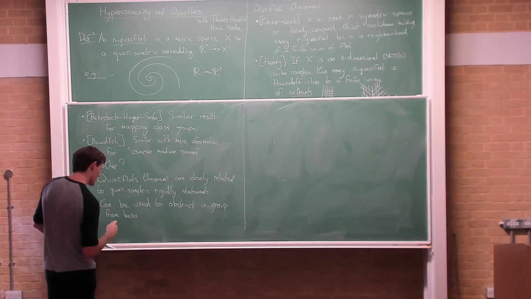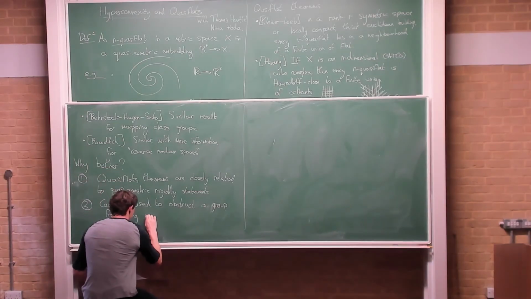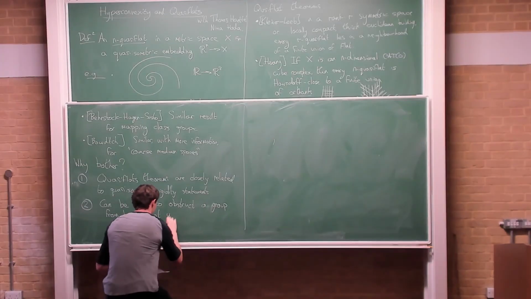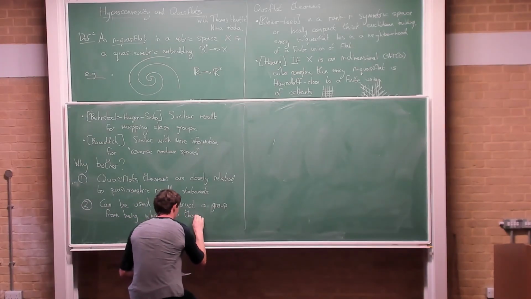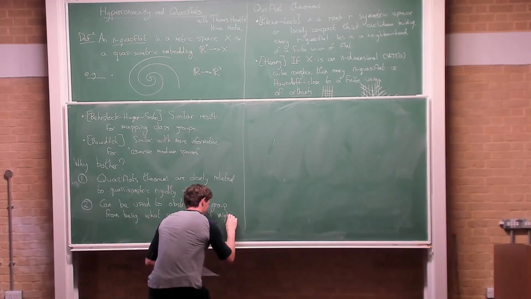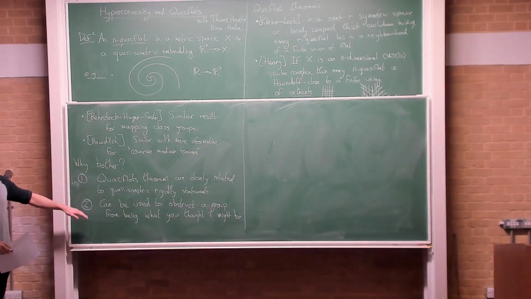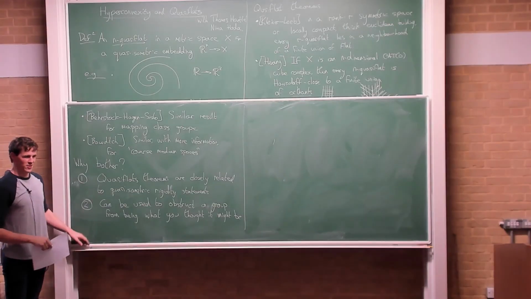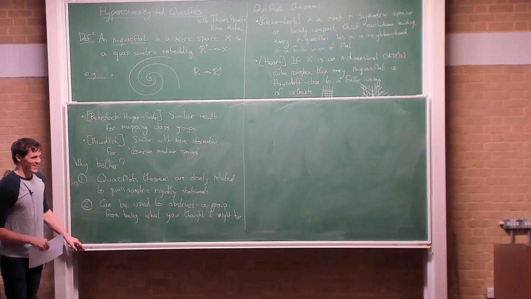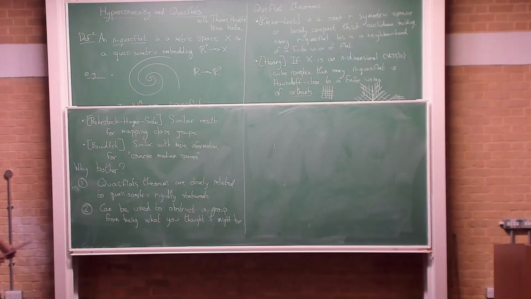To obstruct a group from being what you thought it might be. Good. If you're taking notes and you look back at this in a week's time, you'll have no idea what that meant. So maybe you found a better way of writing it. Good.